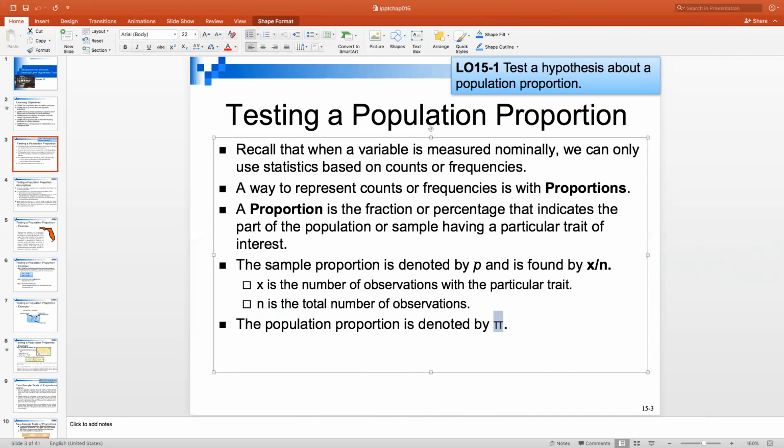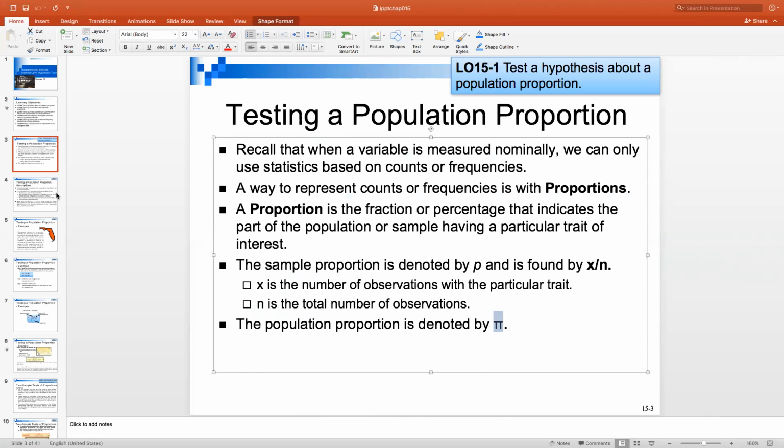Whereas with p, we have the sample, some piece of the entire group, and some distinguishing feature of that piece. So if we say there are 1,000 people in the population, and some percent of them like the color blue, that would be your pi. And if we say we have 100 people in the sample, and some percent of that 100 like the color blue, that will be your p.